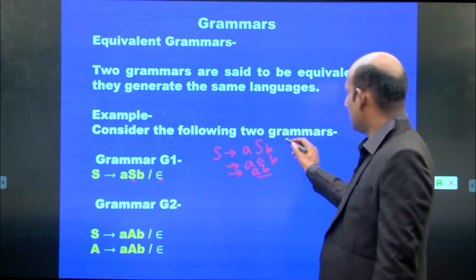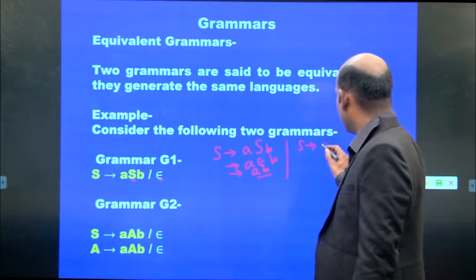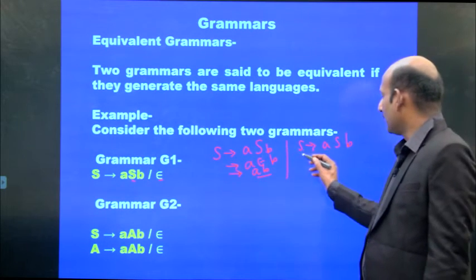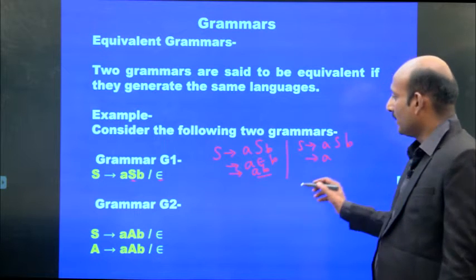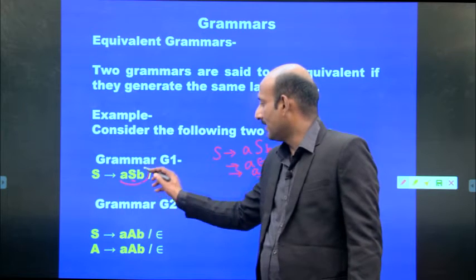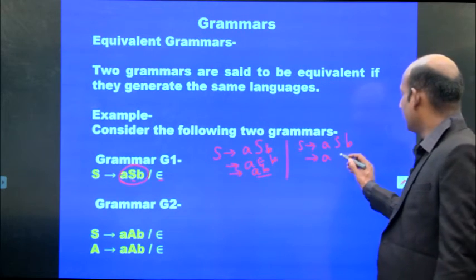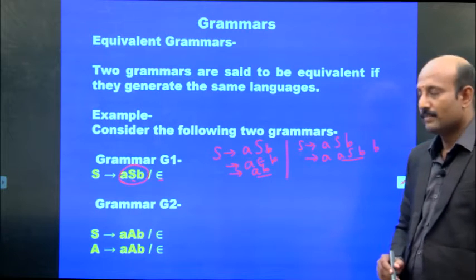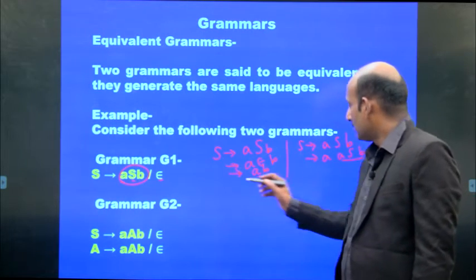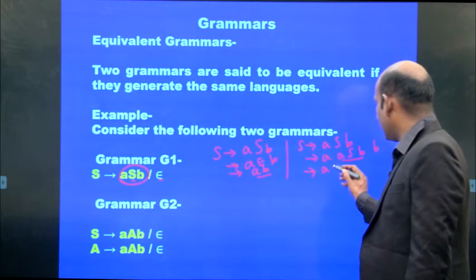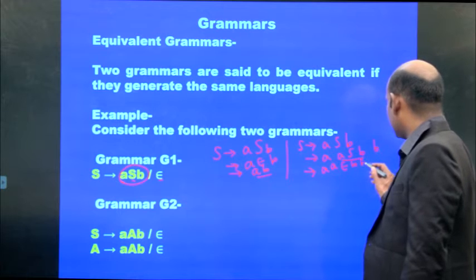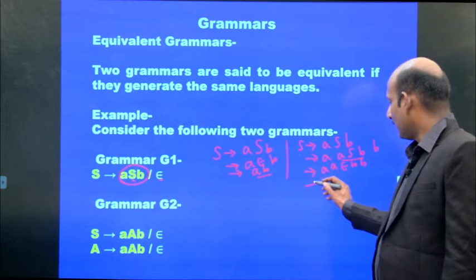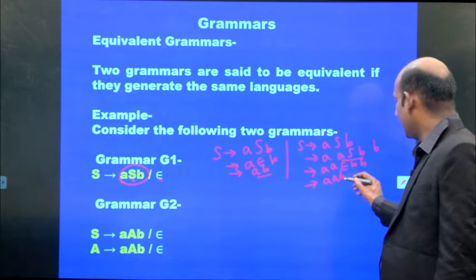Suppose again S tends to ASB, and we apply it again, replacing S: A, ASB, B. Now if I replace the non-terminal S by epsilon, I get A A epsilon B B, so after removing epsilon we get AABB.